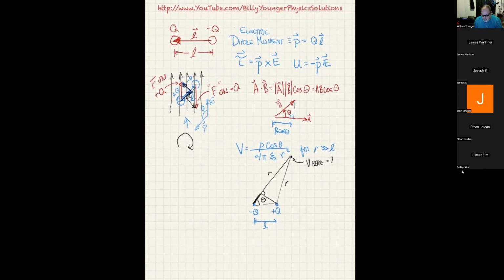That angle being theta is basically the theta that goes into the formula.